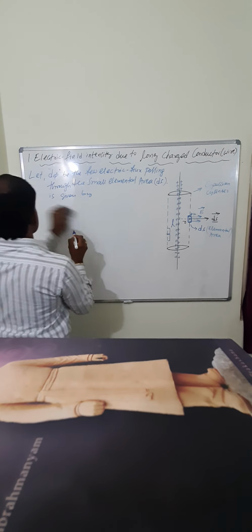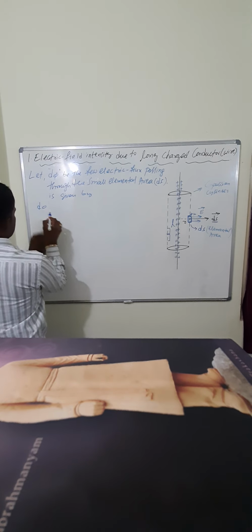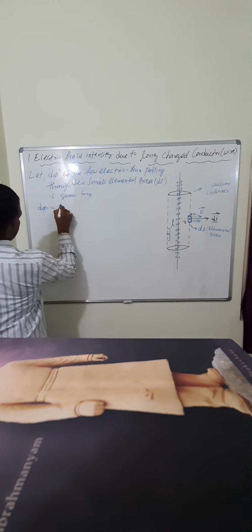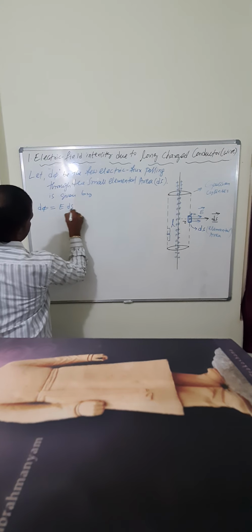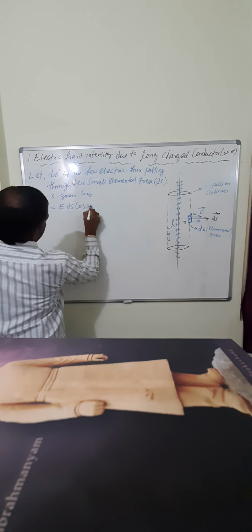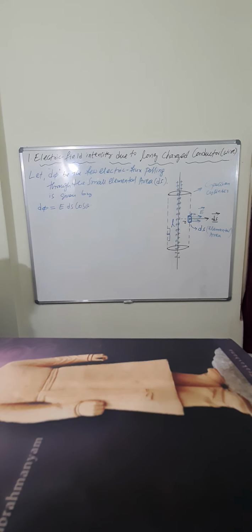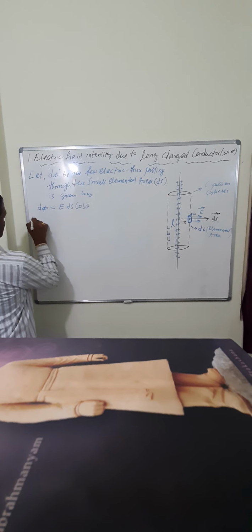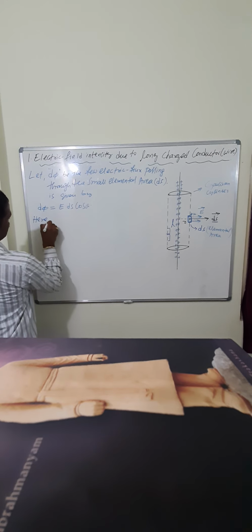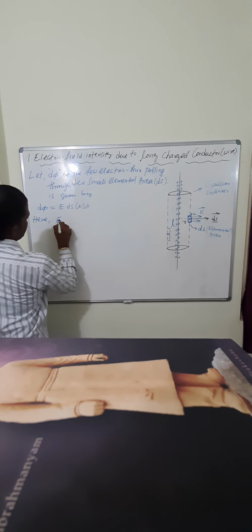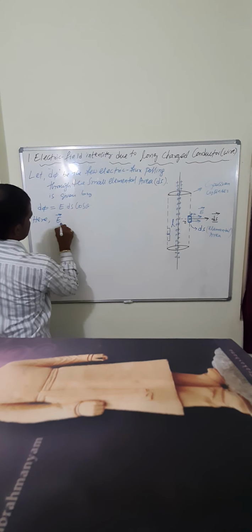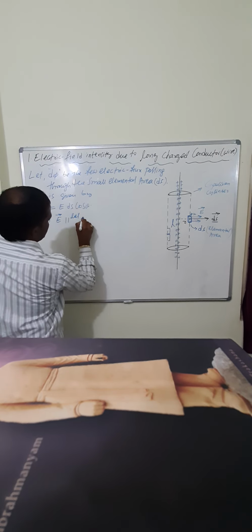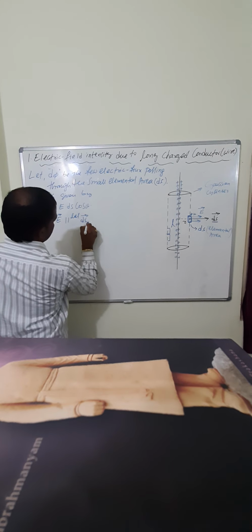Am I right or not? d phi is the electric flux. The symbol for electric flux is phi. d phi is equal to E into ds cos theta. What happened here? Here the electric field vector is parallel to the area vector.